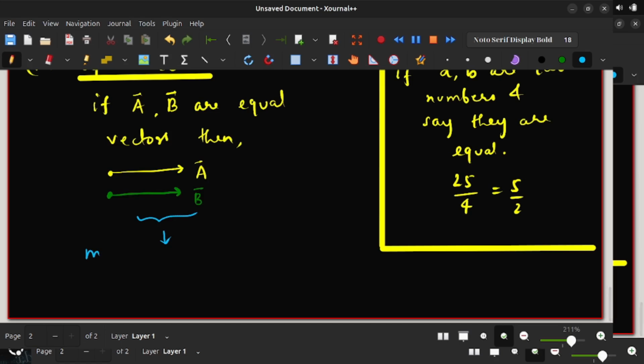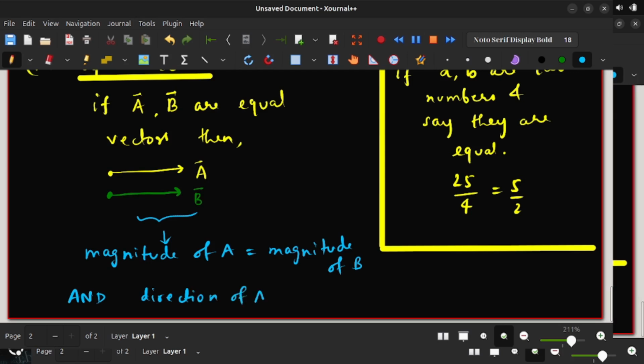So magnitude of A equals the magnitude of B, and direction of A equals direction of B. I can even say A cap equals B cap, because the whole point of unit vectors was to specify direction.